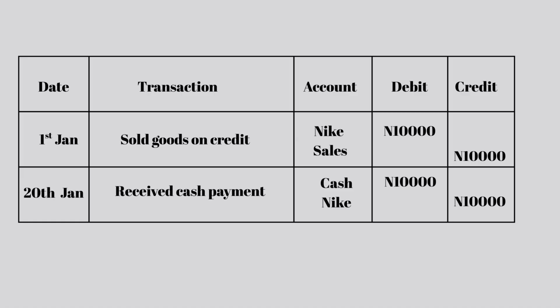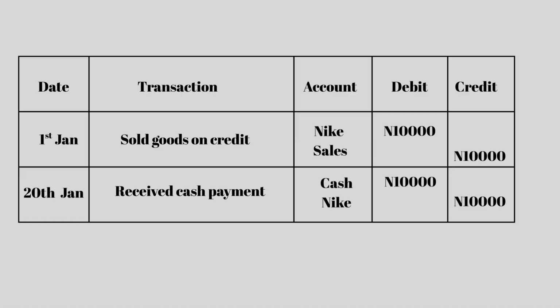On the 20th of January, received cash from Nike for the payment of the goods that were earlier supplied. So now the impact on this transaction of our books of account would be: one, our cash account, we are going to debit it 10,000 naira. Why we would credit Nike's account with 10,000 naira? So now why do we do this?